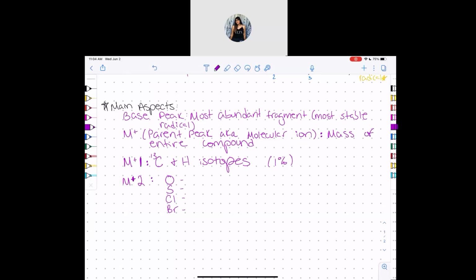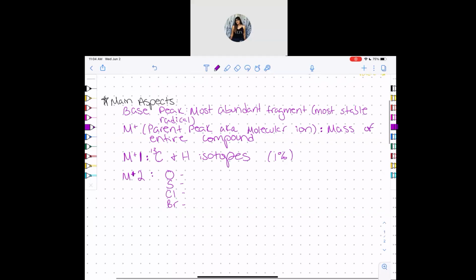The difference I'm not sure on is the M plus one peak. Would that include the weight of the oxygen, sulfur, chlorine, and bromine as well, or no? When I'm done defining this, I'm going to draw a spectrum out, and that'll help you visualize it more. If you still have that question, ask me again after. Okay, cool.